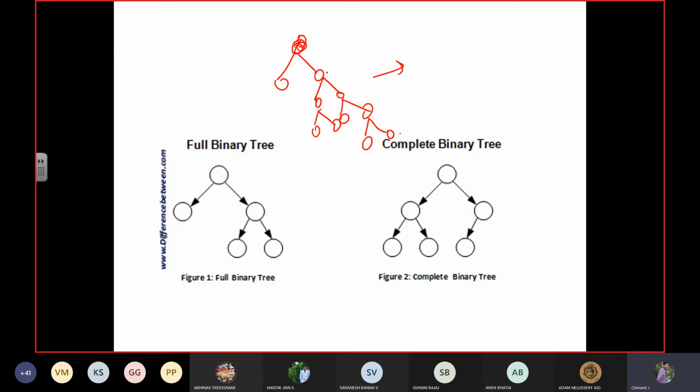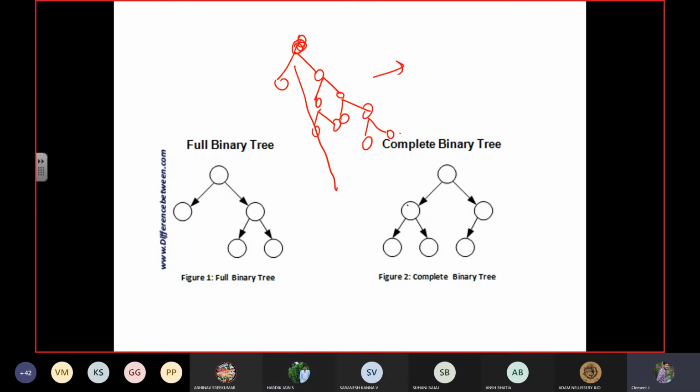But here the left siblings are empty. It is not completely arranged. It is completely filled only at the right hand side. So that's why it is not completely filled, and I could not call this a complete binary tree. That is the original meaning of completely filled. Can you get the point of what I'm saying?